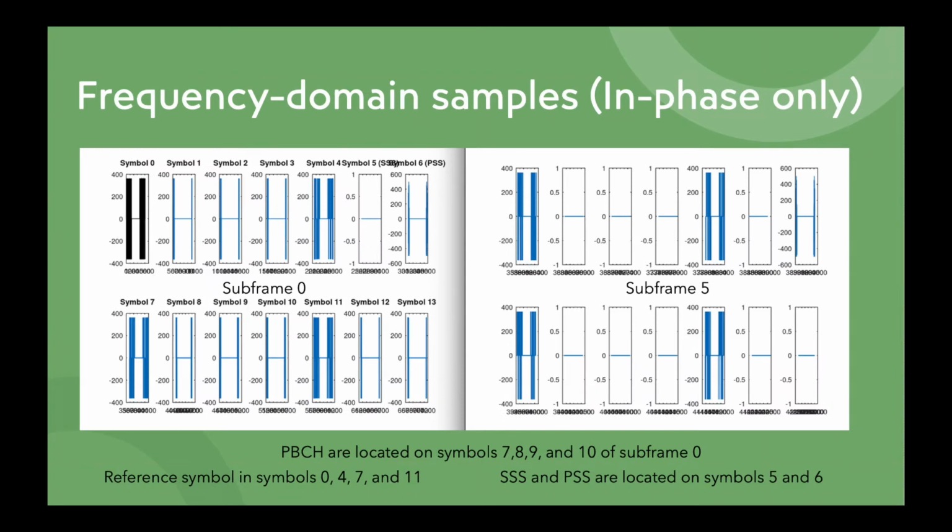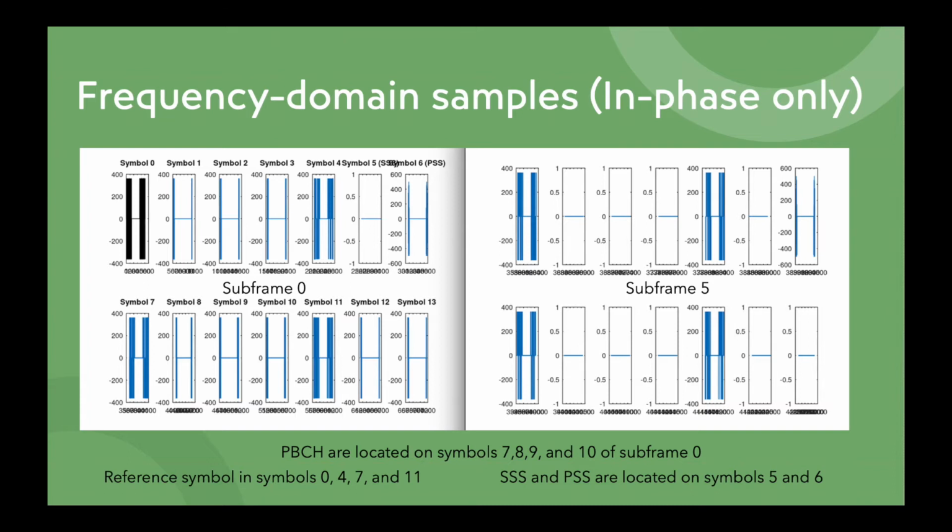Previously we saw the constellation of the subframes with and without the cache. And we observe that for traffic the system is using a modulation and coding scheme that belongs to 64 QAM.